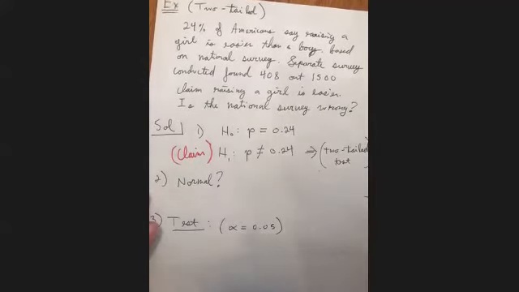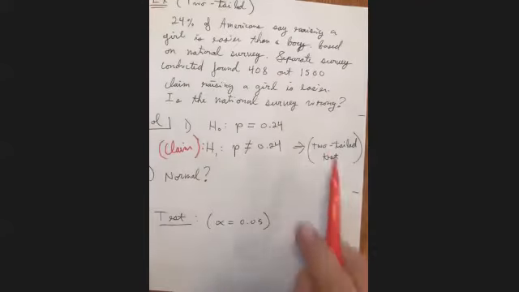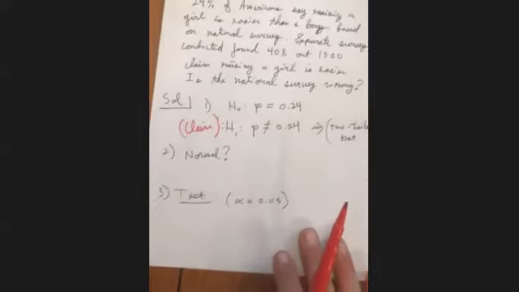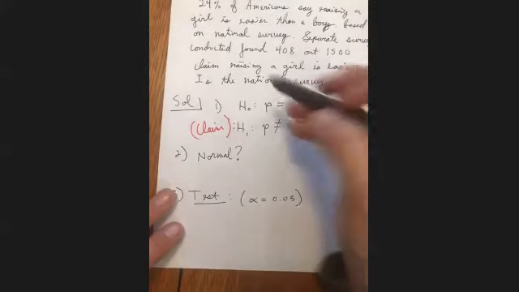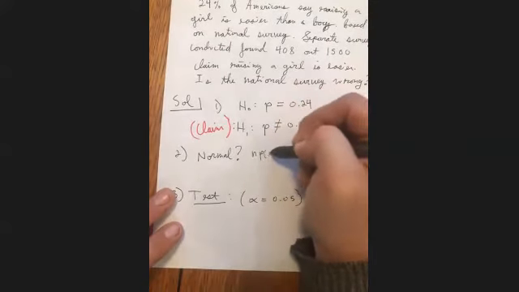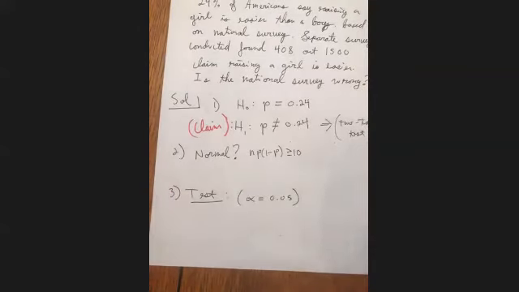Okay, so we know who the claim is, we know what the hypotheses are, and we know we're conducting a two-tailed test. Now we want to check for normality for our sample distribution. So we're going to check n times p times 1 minus p and see whether that's greater than or equal to 10.